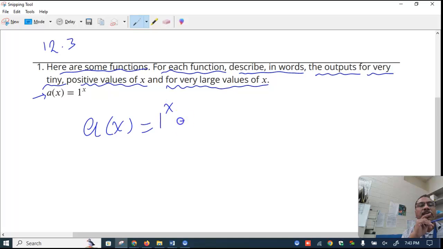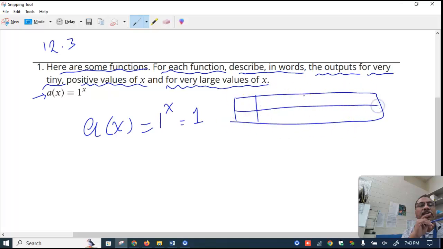And remember, for this function, anything raised to 1 is just a 1. It means no matter what the input is, let's see, if this is 2 and this is 1 and 0.05 or 0.1 or 0.01, your output is always going to be 1, 1, 1. And same thing as you go and make it very large, let's say it is 100, this is going to be 1, even if it is 1 million.